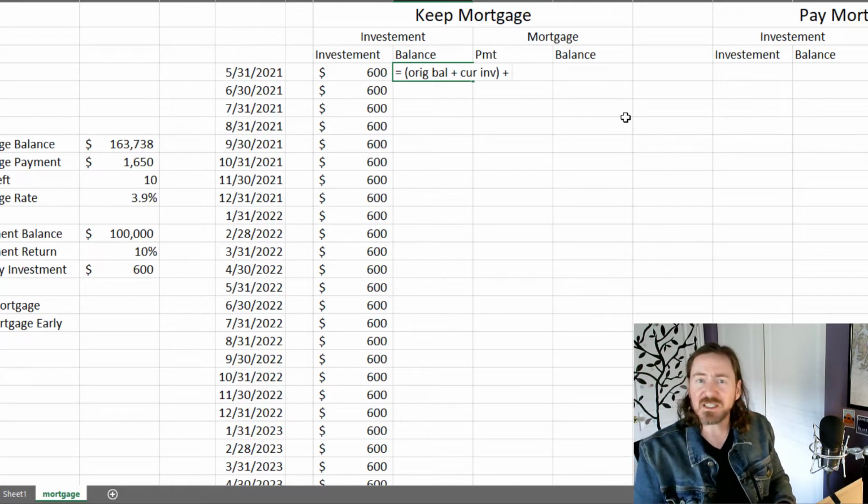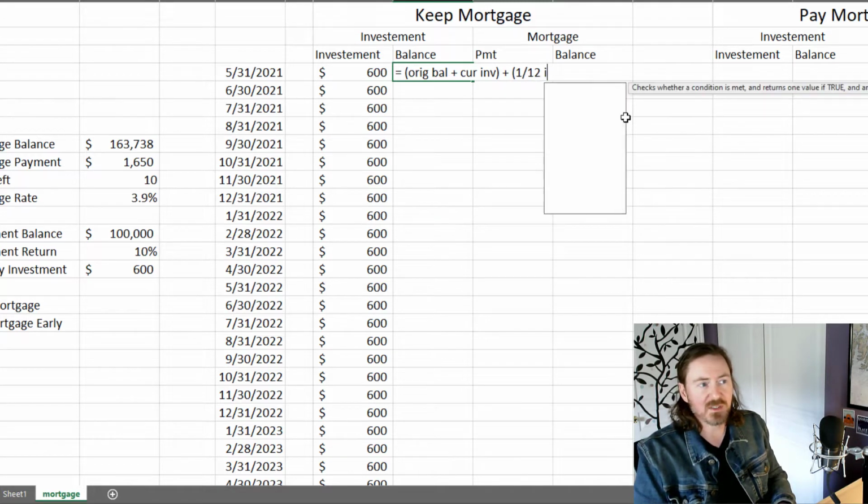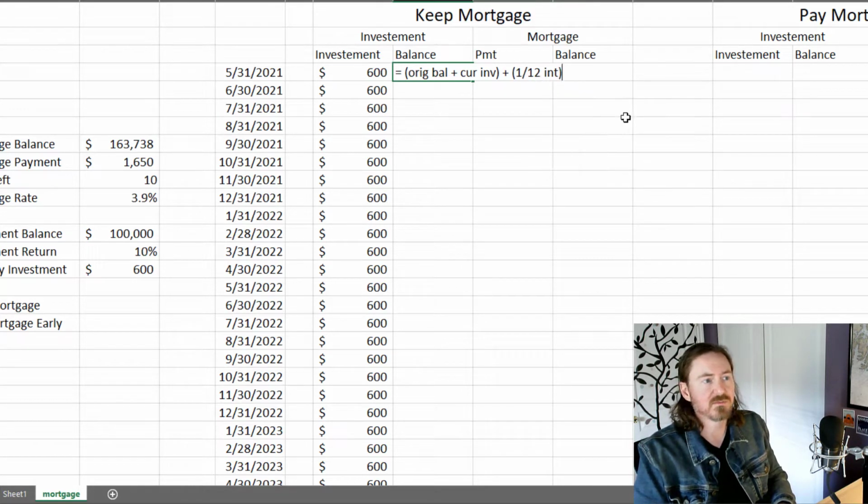Plus, we also need to get the interest on that growth. So it's going to be basically 1/12 of our interest times the sum again of our original balance plus the current investment.